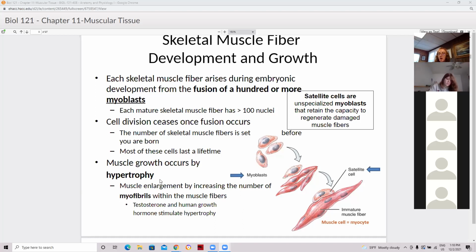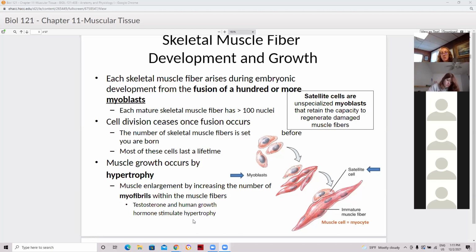Muscle growth occurs by hypertrophy, which means that the muscle increases in size, but not in number. So muscle enlarges by increasing the number of myofibrils. These are the filaments within the muscle fibers. Testosterone and human growth hormone stimulate hypertrophy of the muscles.